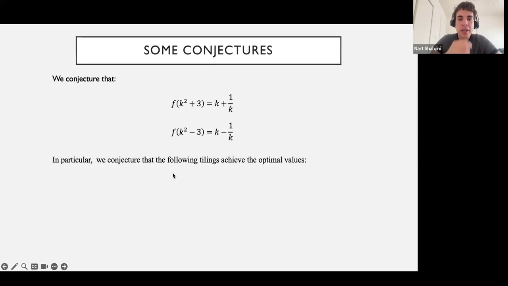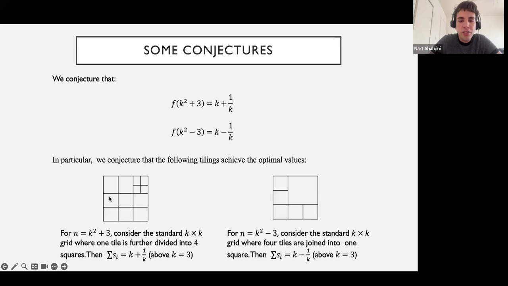So again, we have certain conjectures. We conjectured that f of k squared plus 3 equals k plus 1 over k, and f of k squared minus 3 equals k minus 1 over k. So in particular, we conjectured that when n has a very specific form, it obtains the optimal values.